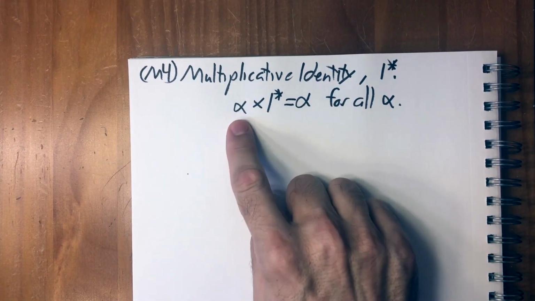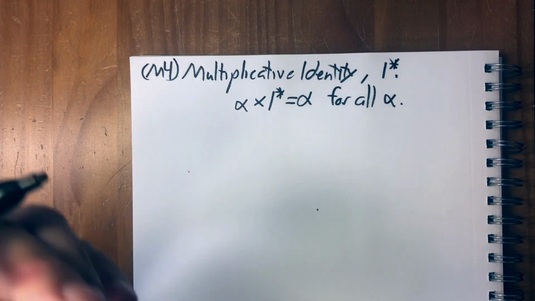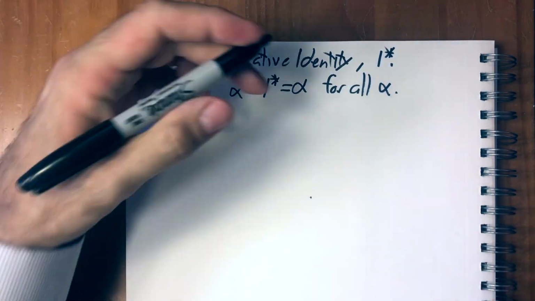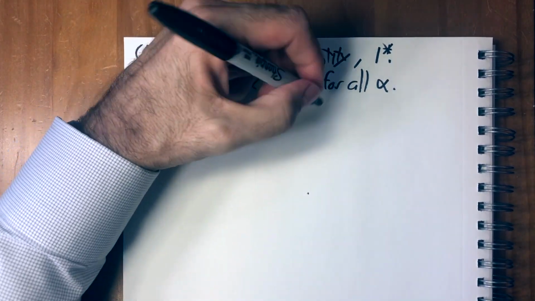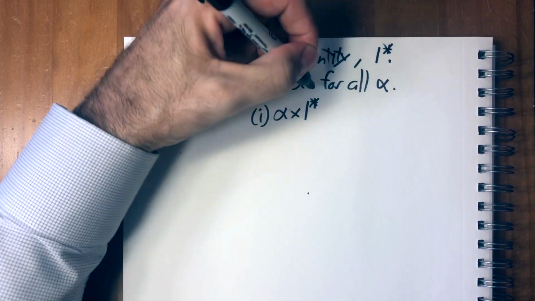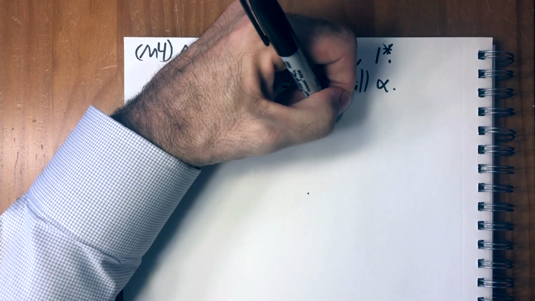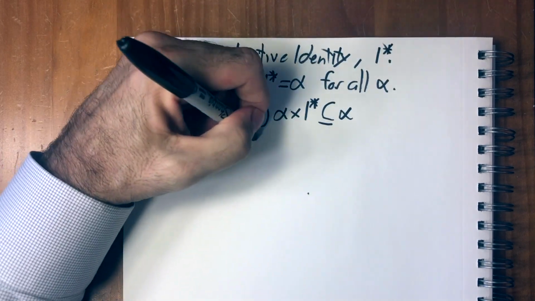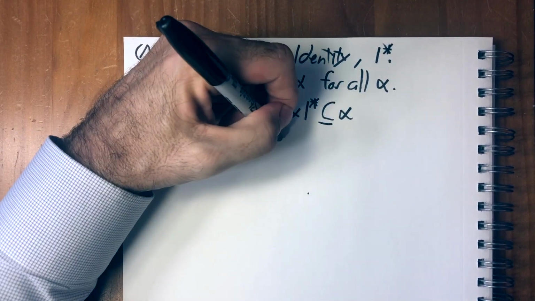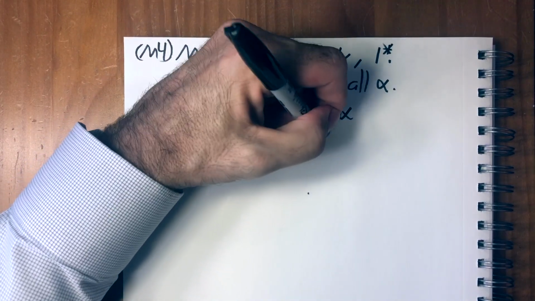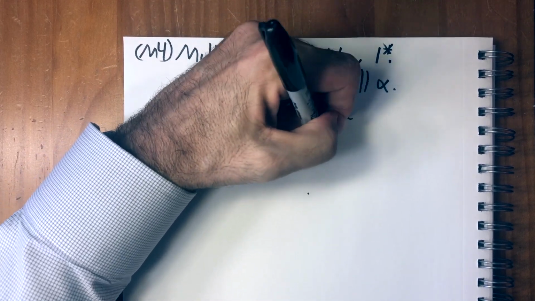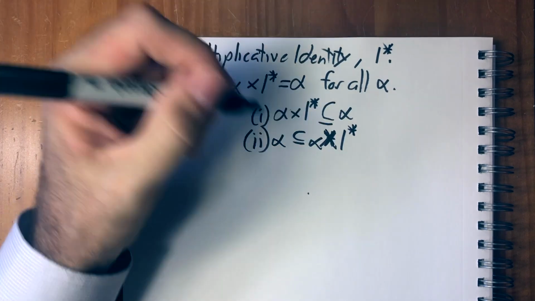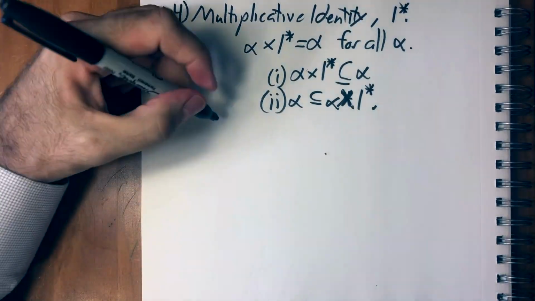How do we prove that two sets are equal? We prove inclusion in both ways. So first we have to prove that alpha times 1 is a subset of alpha. Then we have to prove that alpha is a subset of alpha times 1.